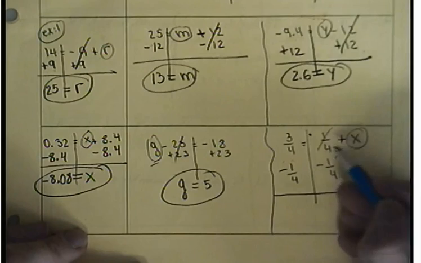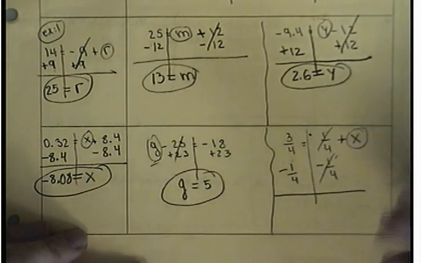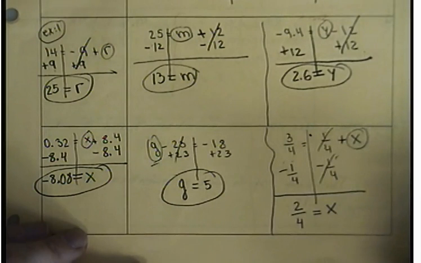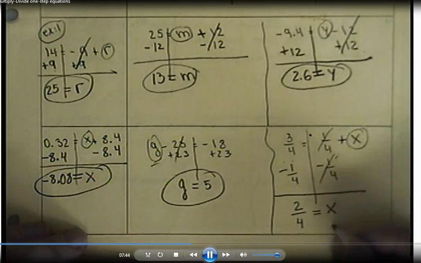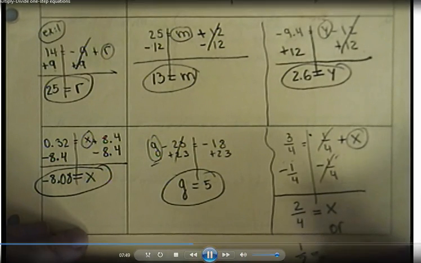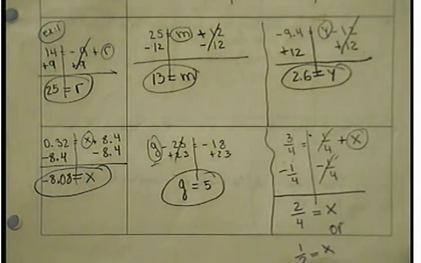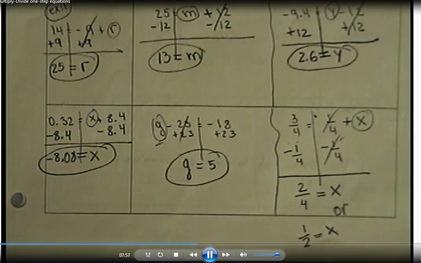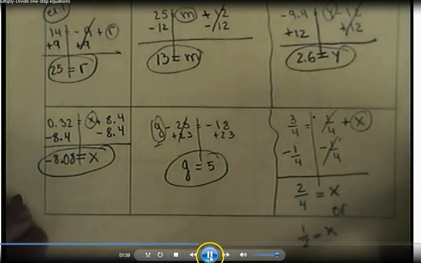Okay, those two cancel. 3/4 minus 1/4 will give us 2/4, which is equal to x. And some of you are probably thinking now, do we need to simplify it? Sure, why not? So 1/2 equals x. Either one of those two answers will be our final solution for this example. Okay, well, I hope everybody is doing okay right now.